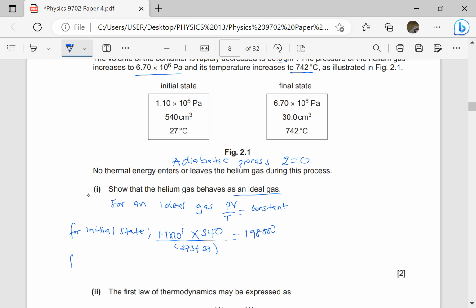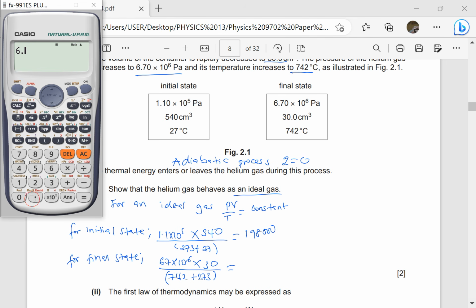Then let's check for the final state. For the final state, the pressure is 6.7 times 10 power 6. The volume is 30. Divided by the temperature, which is 742 plus 273.